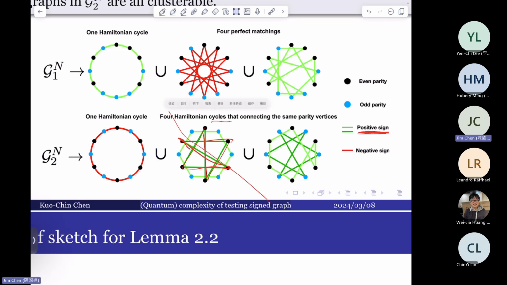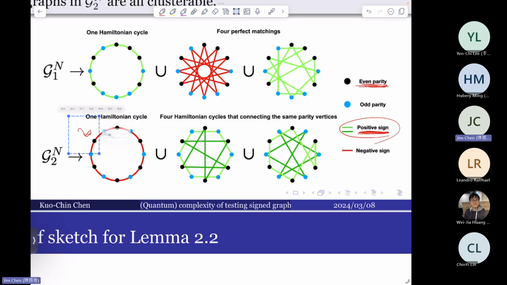And we know that the graphs in G2 are all clusterable. Why is that? Since we can decompose this graph into two components. The first component contains all even parity vertices, since they are connected by positive edges. Okay, so we have two components.